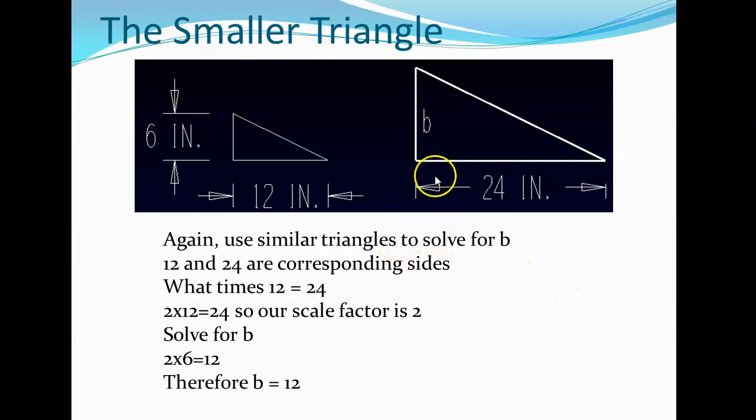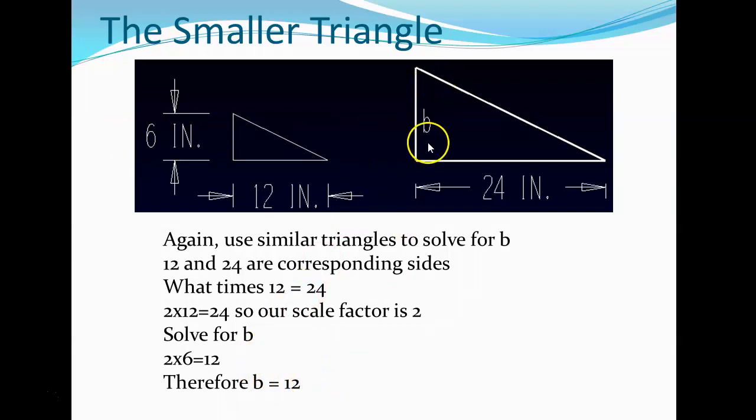Again, using similar triangles to solve for B, 12 and 24 are corresponding sides. What times 12 equals 24? We know that 2 times 12 equals 24, so our scale factor is 2. Solve for B. 2 times what? 2 times 6 gives me 12.